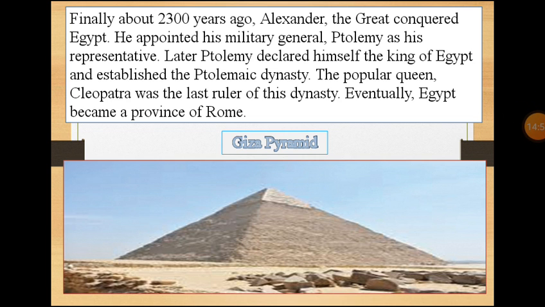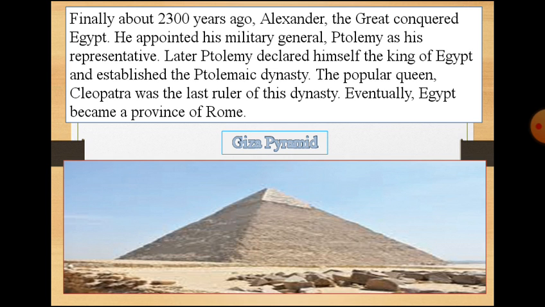Alexander the Great was the conqueror of Egypt, and his rule was different from the other pharaohs, the other kings. He first introduced military generals and appointed Ptolemy as his representative to rule over the country. But Ptolemy himself declared himself king of Egypt and established the Ptolemaic dynasty.